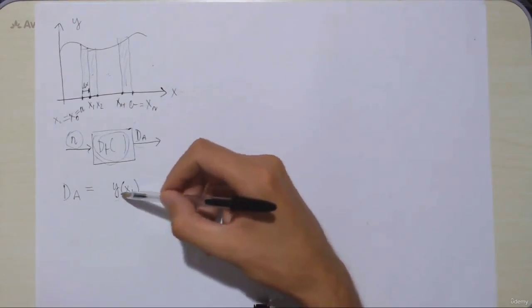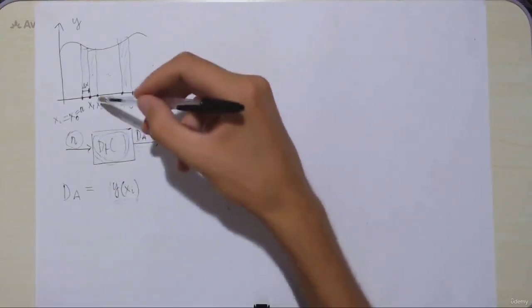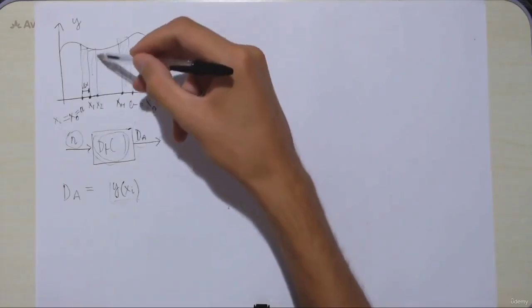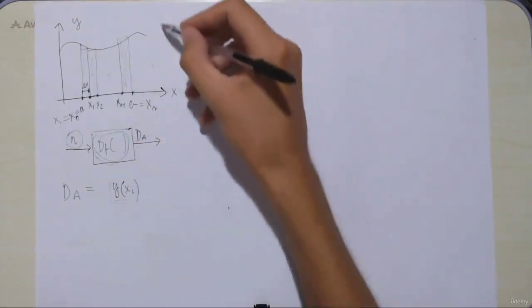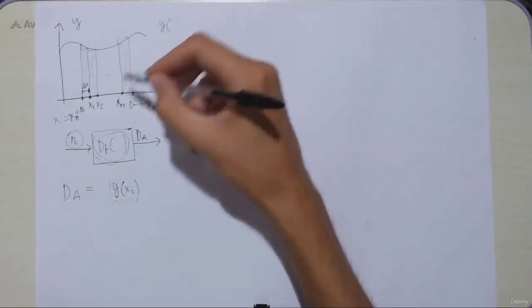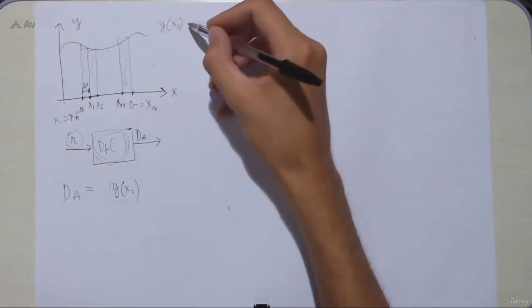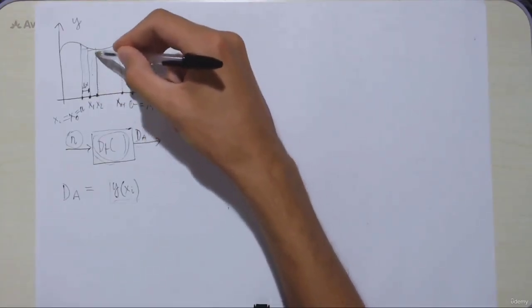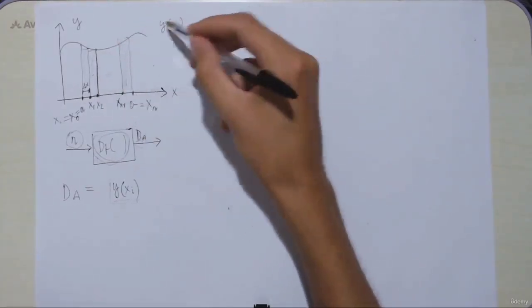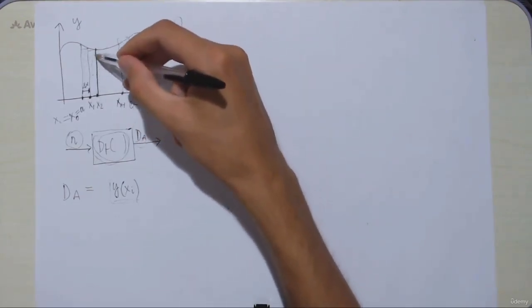If I do that, then what will this term give me? It will give me the height at that point. Let's say if I put x2 inside the parenthesis, then I will get this height here. So y at x2 gives me this height.